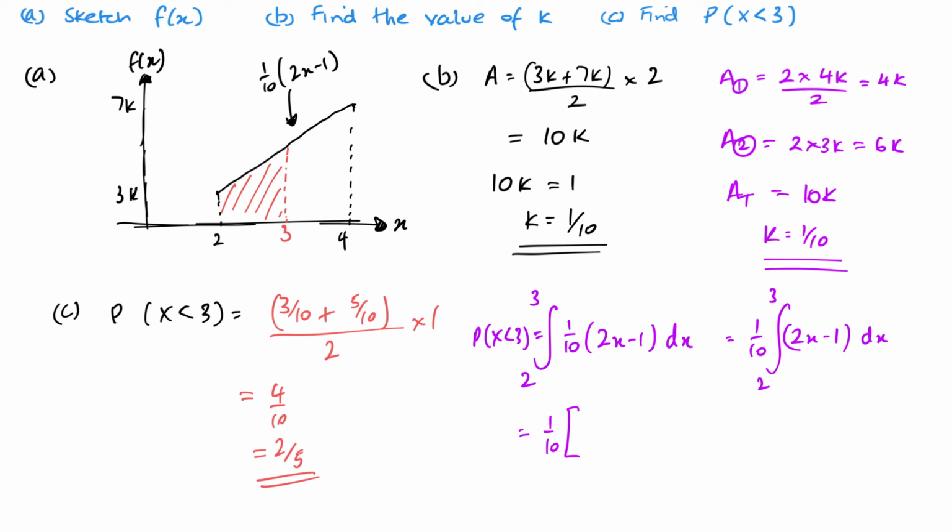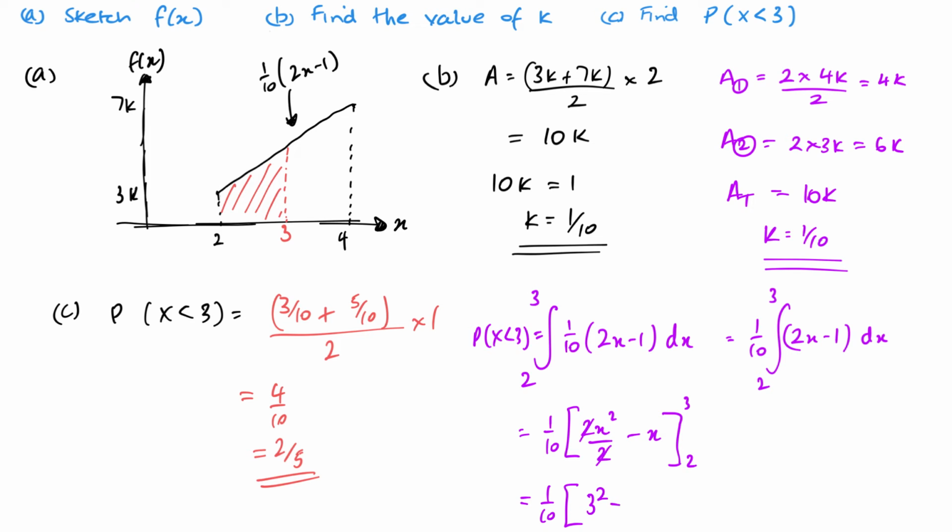2x is going to be 2x squared over 2, where the 2's will obviously cancel, and minus 1 is just going to be minus x, and then that's between 3 and 2. So here we have 1/10, and we've got 3 squared, which is 9, isn't it?